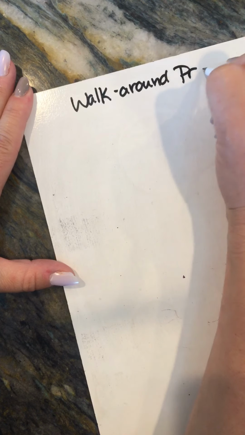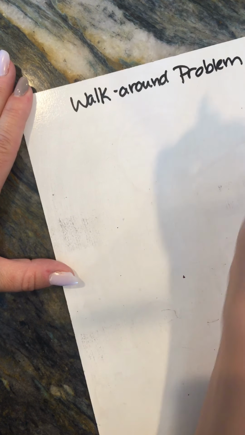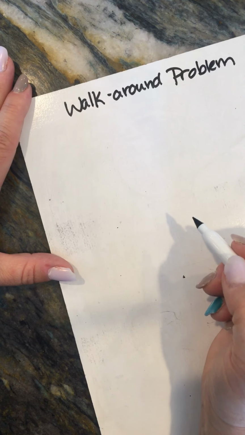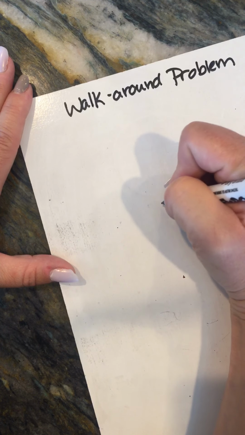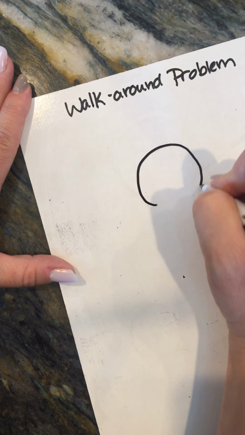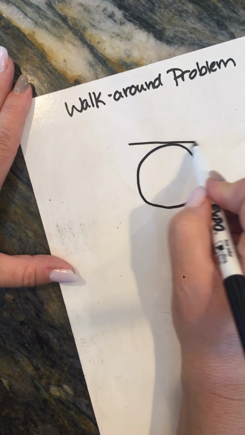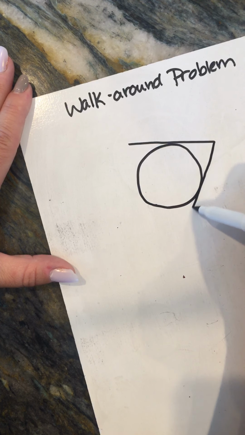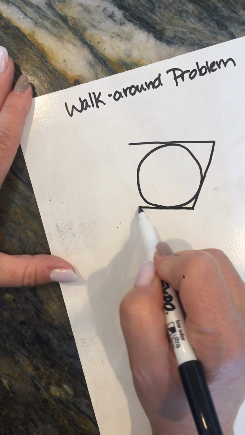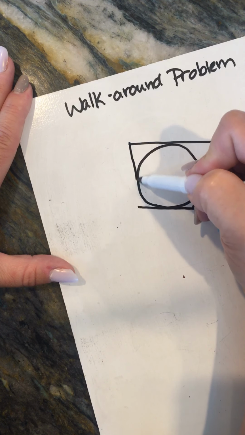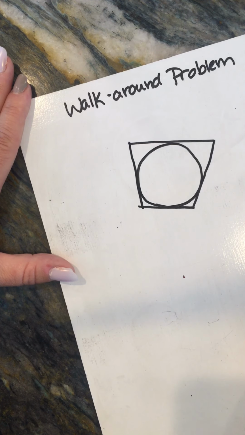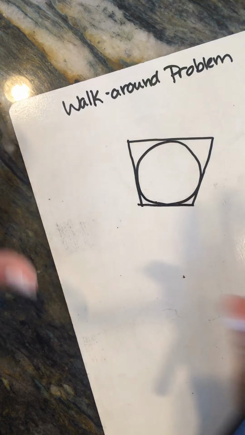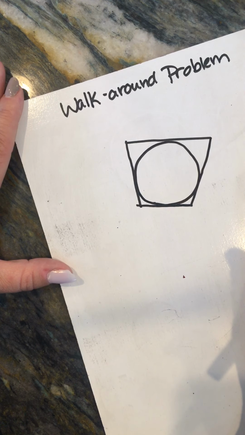All right, our last type of problem is called a walk-around problem. You're going to walk around the circle. So you're going to have a circle, and then there's going to be a quadrilateral that is circumscribed, circum meaning around, scribed meaning drawn. So it's drawn around the circle. It's just a quadrilateral, nothing fancy, no rectangles or squares.